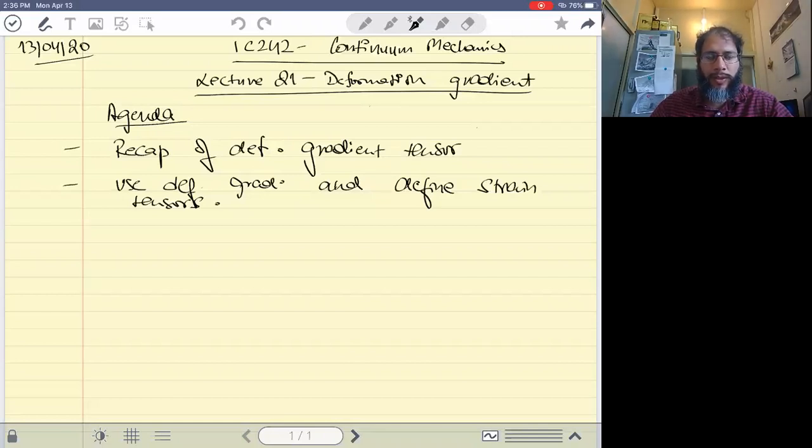And then ultimately, once we have got a mathematical way to quantify our deformations, then we'll be in a position to link the stress with the strain using our Newtonian laws of mechanics. So today we'll define our strain tensor, which ultimately will be used to quantify our deformations in the future.